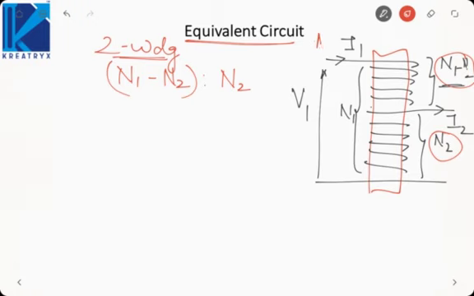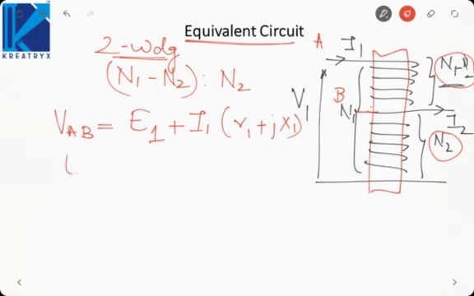Now if we take this point as A, this point as B, what can we write? VAB is equal to induced EMF, that is E1 plus I1 into R1 plus jX1. Similar equation to a normal two winding transformer.